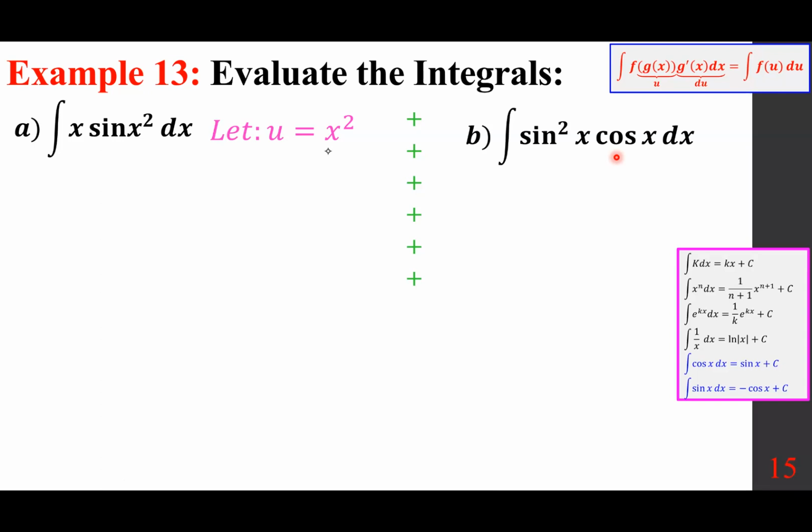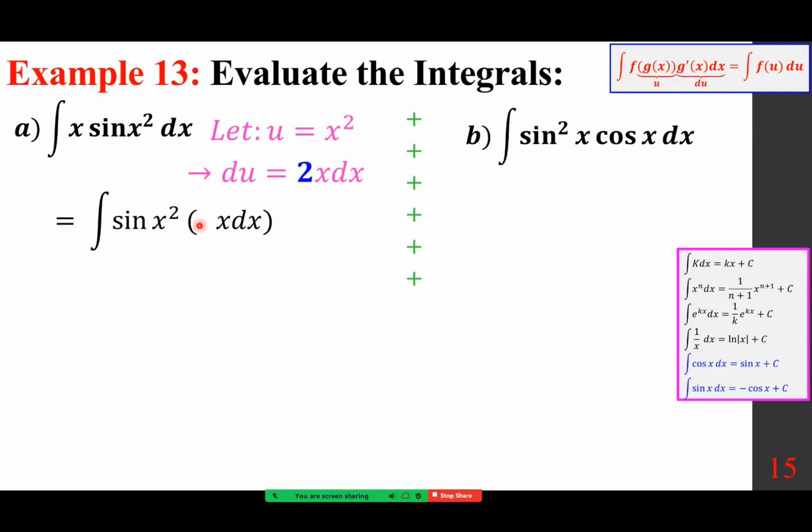The derivative is 2x, so du is 2x dx. We're going to rewrite this by putting x next to dx. Compare and contrast. Well, number 2 is missing. Okay, it's a number. Throw in number 2 and 1/2.